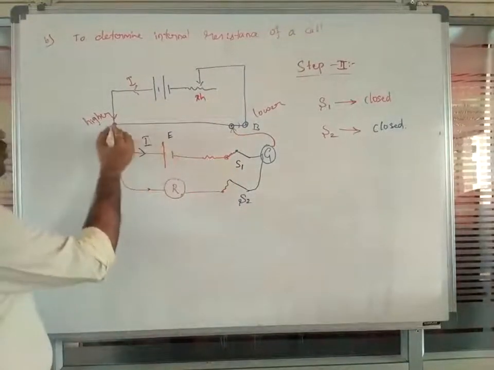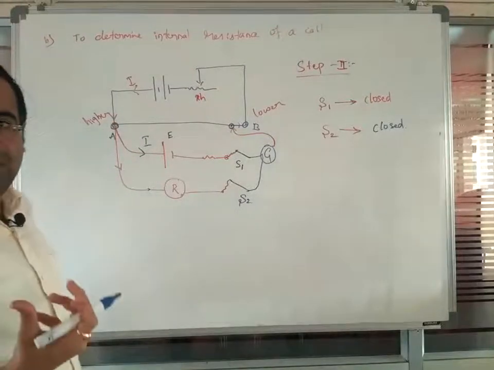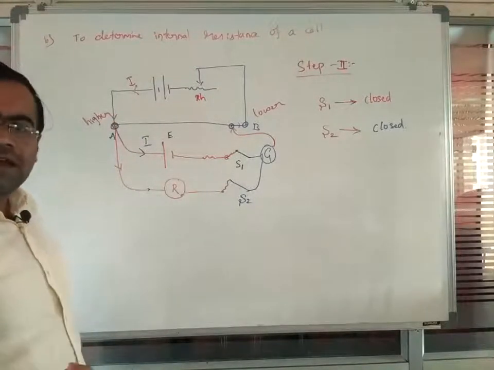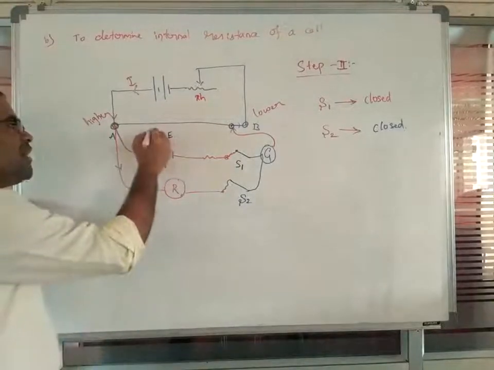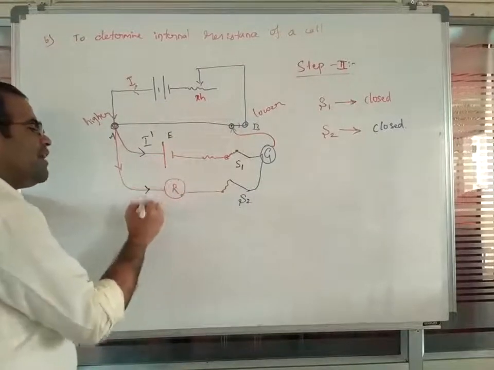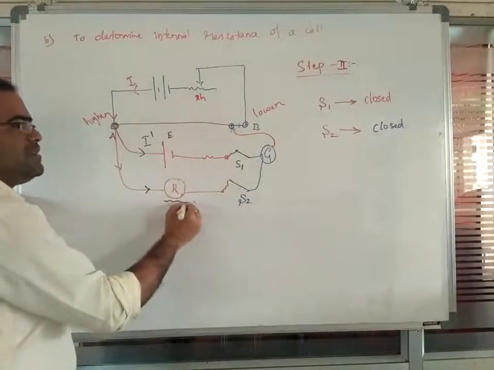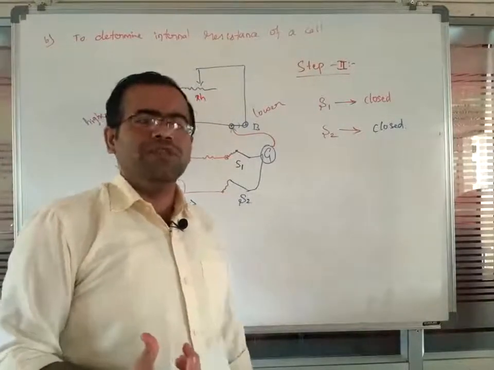Whatever the amount of electric current entering from point A, a part of the current flows through the EMF of a cell and the remaining part flows through the resistor.